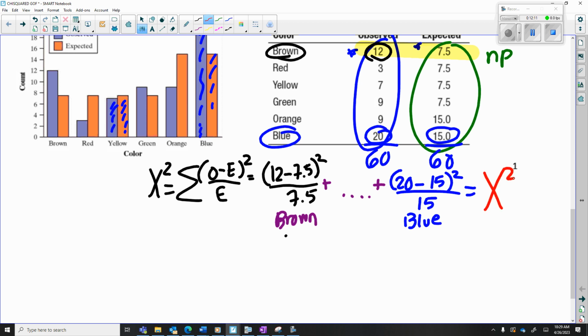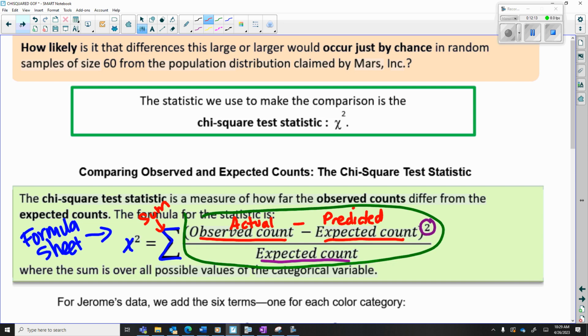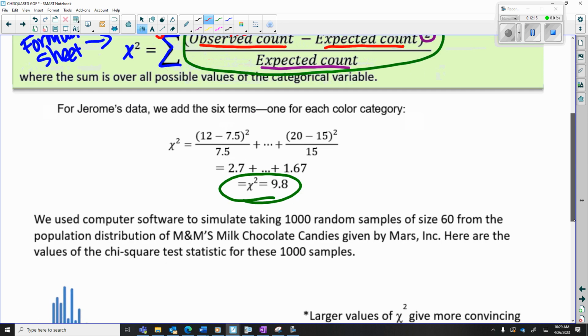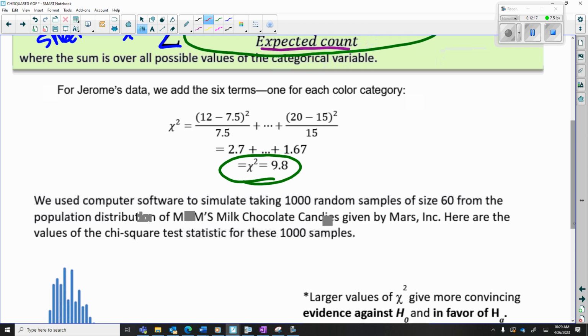So that's what I'm going to show you they did over here on this page. So looking down below, you see they did the same thing as me. They did brown, they did a dot, dot, dot, they did blue, they calculated all of them, they added them all up, and they're going to get their result, okay? Now I'm going to show you where to find it on the formula sheet.